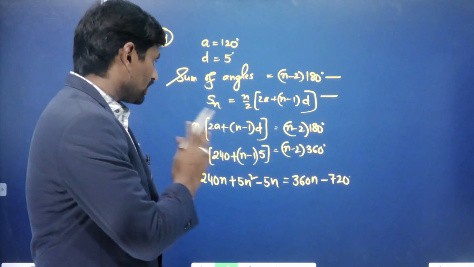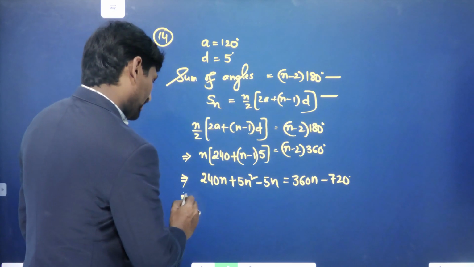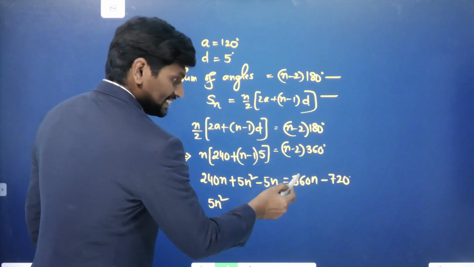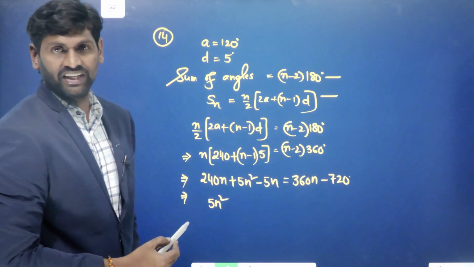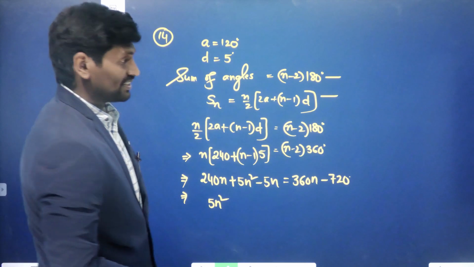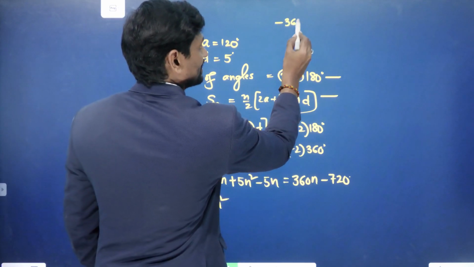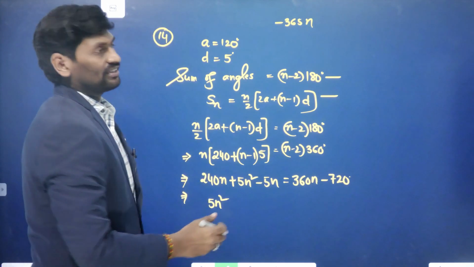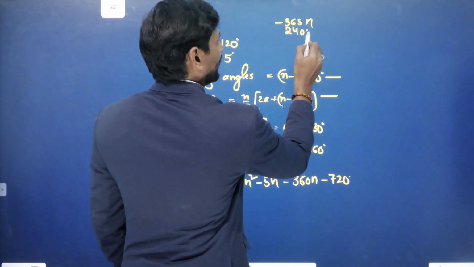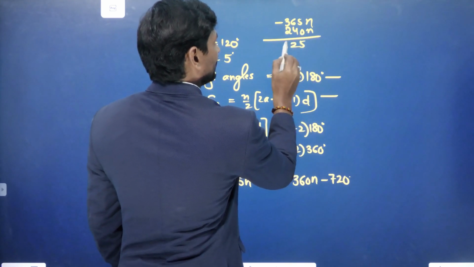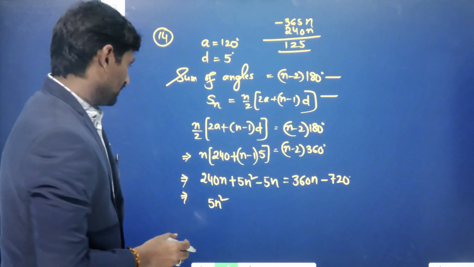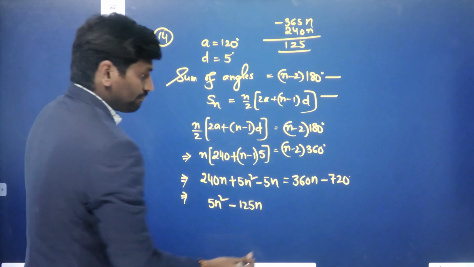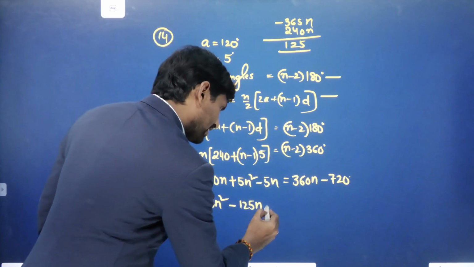Now bring all the terms to one side. That means we have 5n square. Now 360n, bring this side, minus 360n, minus 5n, minus 365n. And any n terms are here, 240n. One is positive, one is negative, subtract, we will get minus 125n, and the remaining constant is 720.